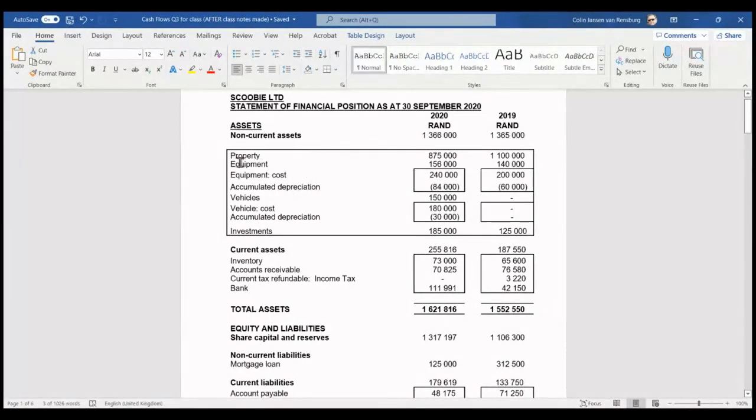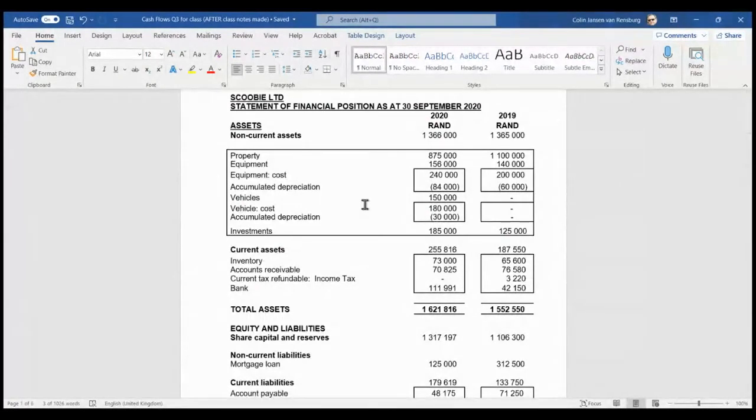And then we also would not have indicated property and equipment and vehicles separately. We would just have had one line item called property, plant, and equipment. So clearly this statement of financial position is not quite ready for publication yet. It still has to be tweaked.